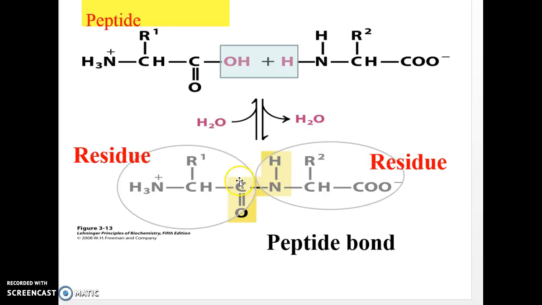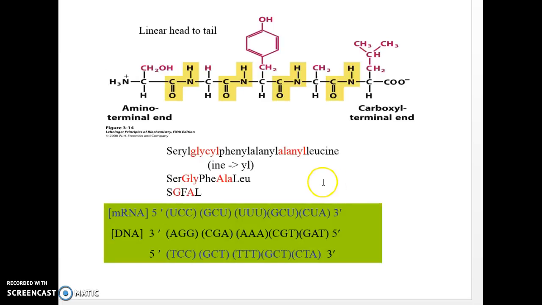In this case, each individual amino acid in peptide is called residue. First residue, second residue. Proteins, they just connected head to tail mode.